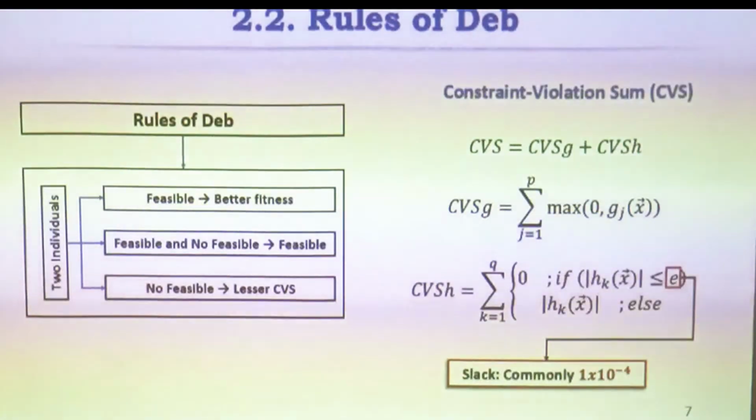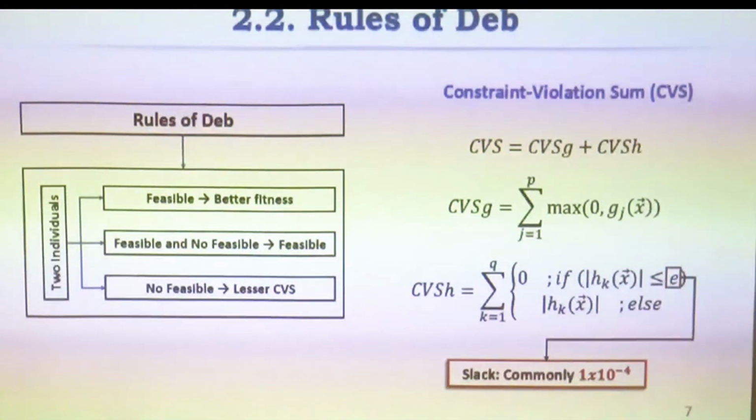The rules are a constraint handling technique for constrained problems. The rules say that if we have two individuals and both are feasible, we select the better fitness, or in this case the minimum value of the objective function. If we have one feasible individual and one not feasible, we select the feasible one.